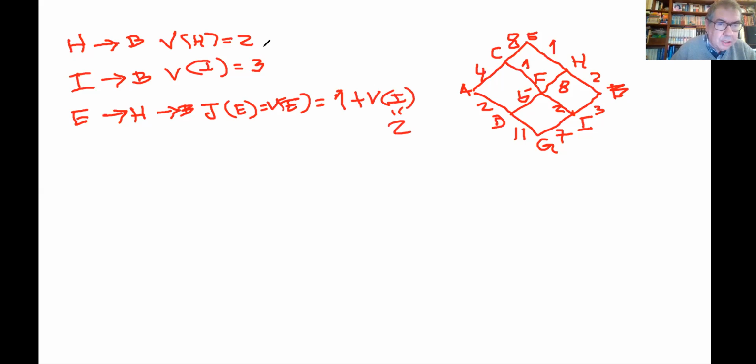We have computed it there. So the value of E is 3.